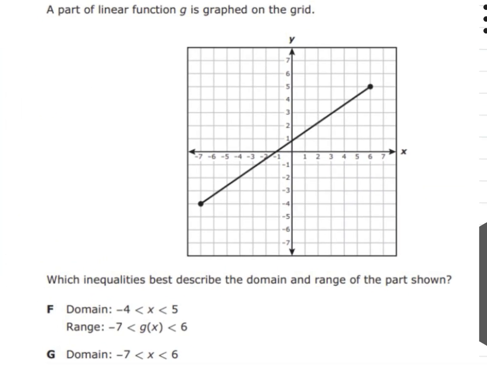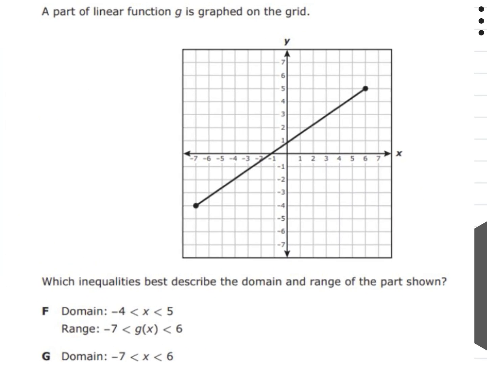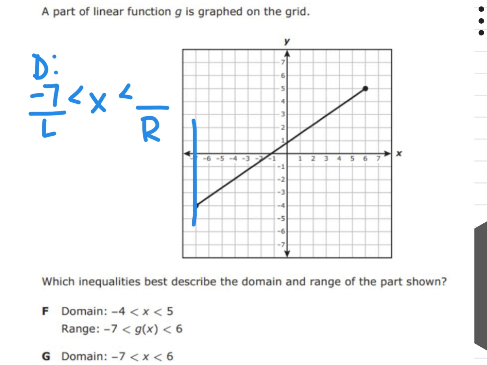All right, last example. Again, write your own domain and range. Left to right. What's my leftmost number? -7. And line or no line? It's a closed circle. We'll have a line.